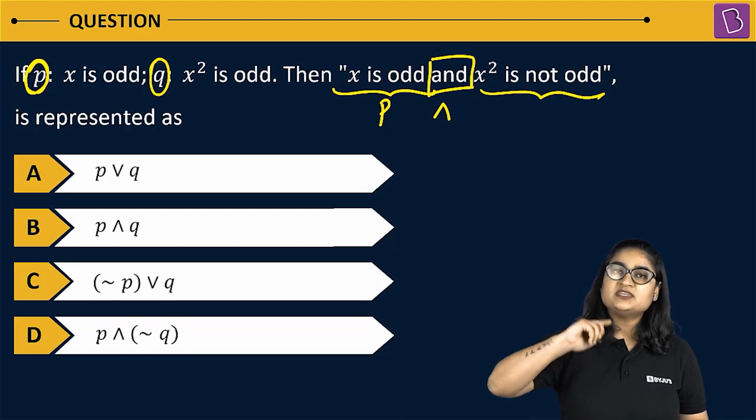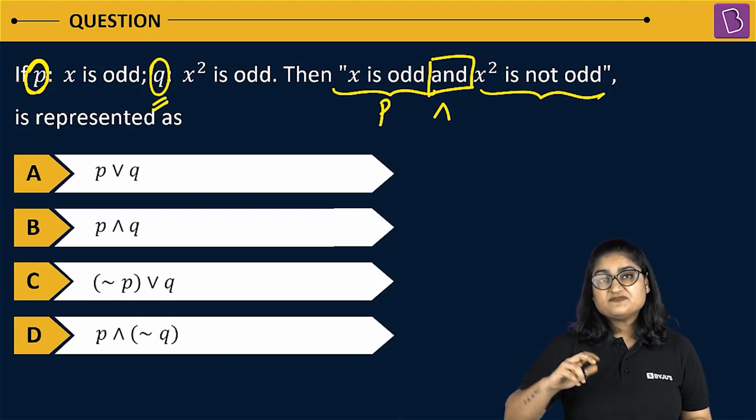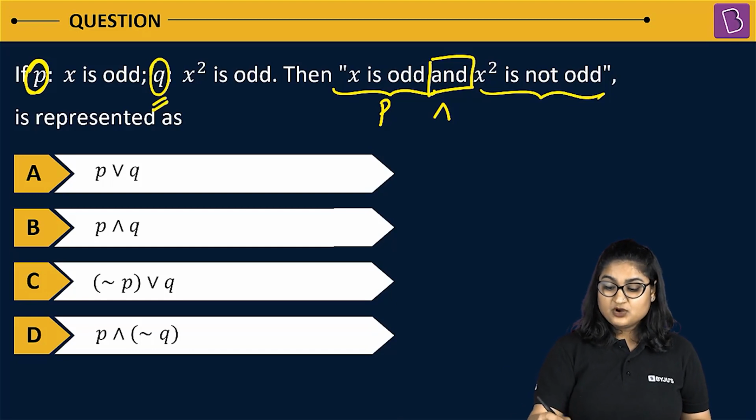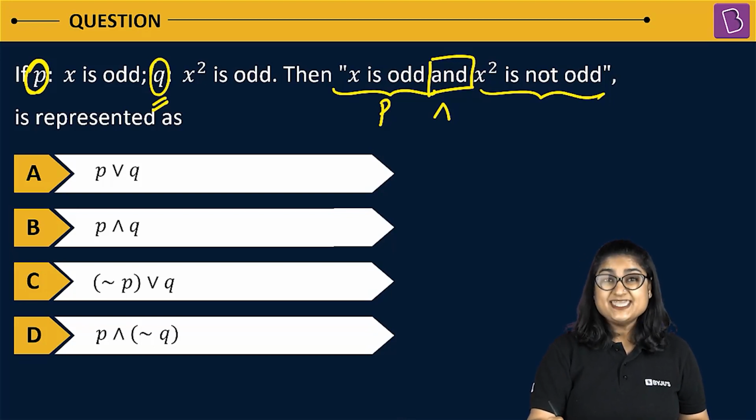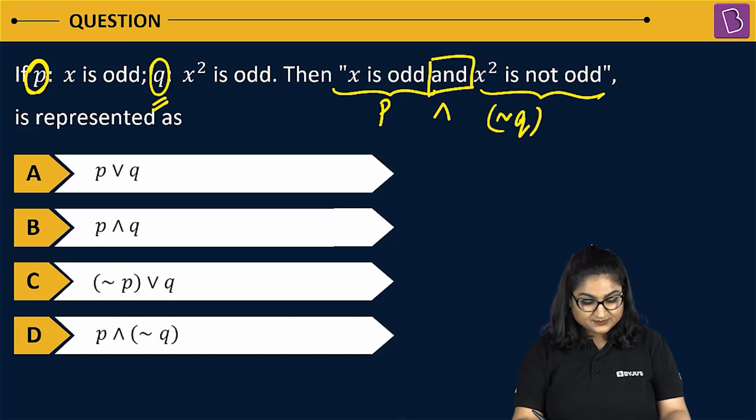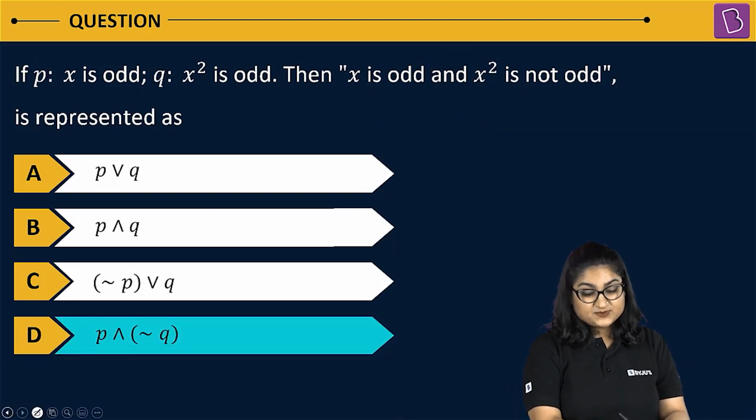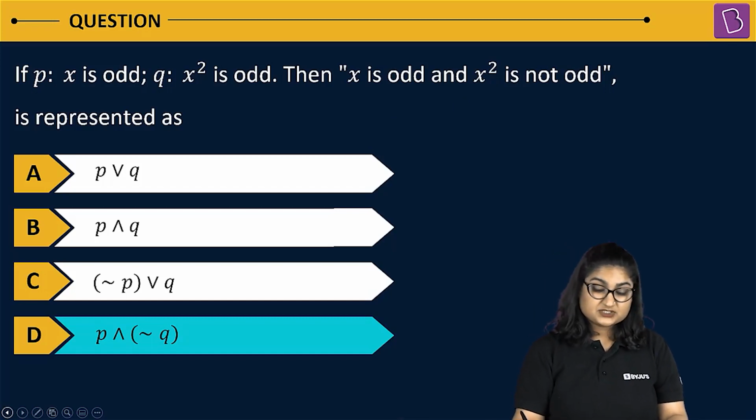That means we are talking about the negation of Q. If you're talking about the negation of Q, we can say that this compound statement, x is odd and x square is not odd, can be represented by P caret sign negation Q, okay, which has been given to us in option D. Hence, we can say that the correct answer to this question is option D.